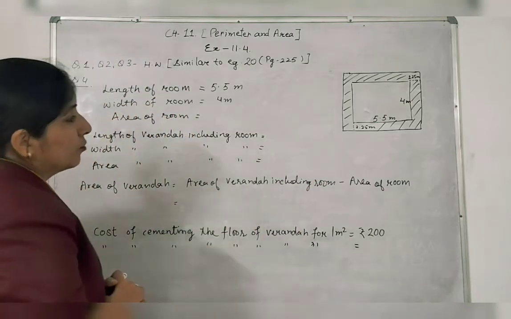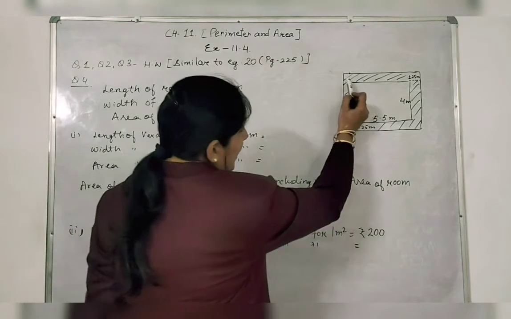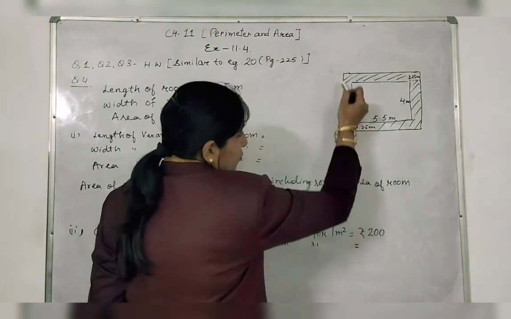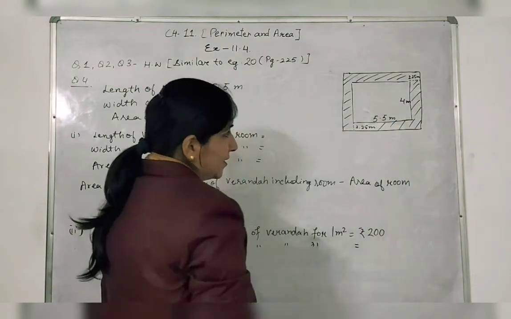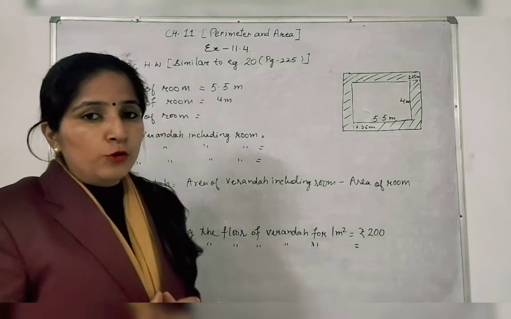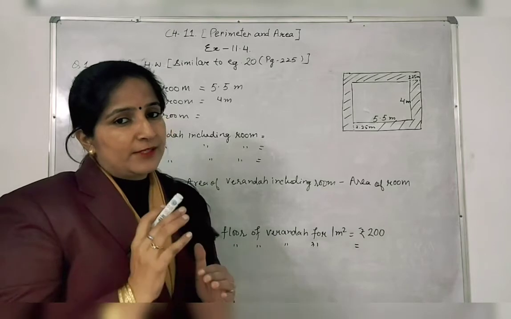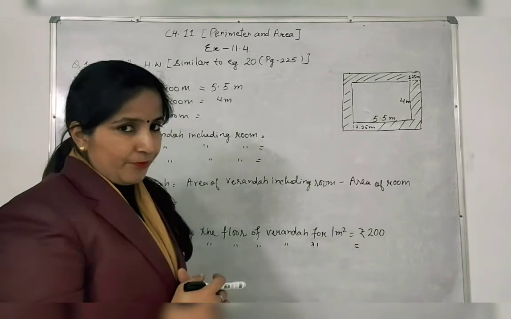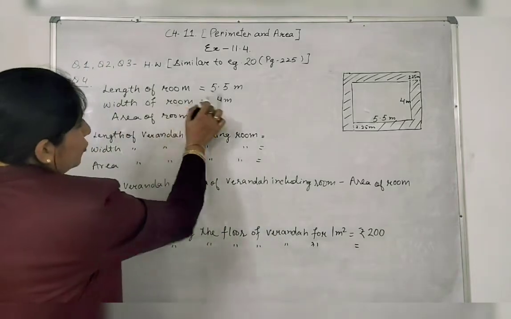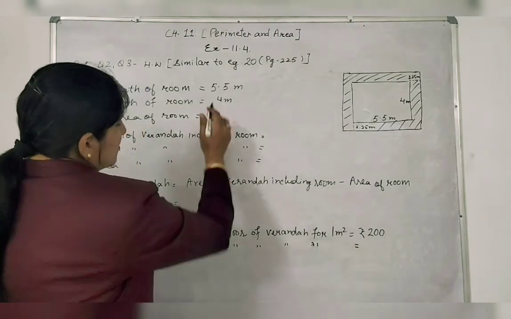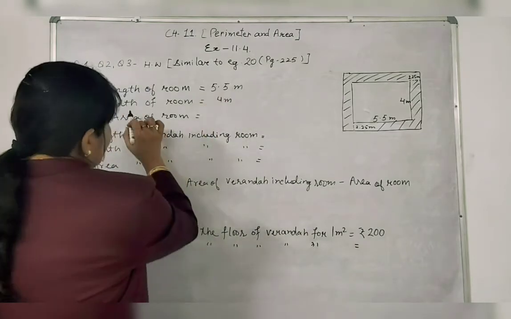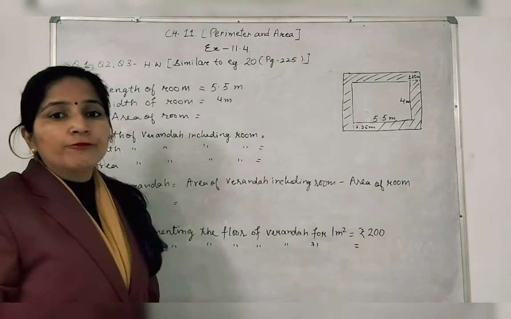Now we need to find the area of this shaded portion, meaning only this veranda, and also the cost of cementing the veranda. First of all, we will find the area. The length of the room is 5.5 meter and the width is 4 meters.